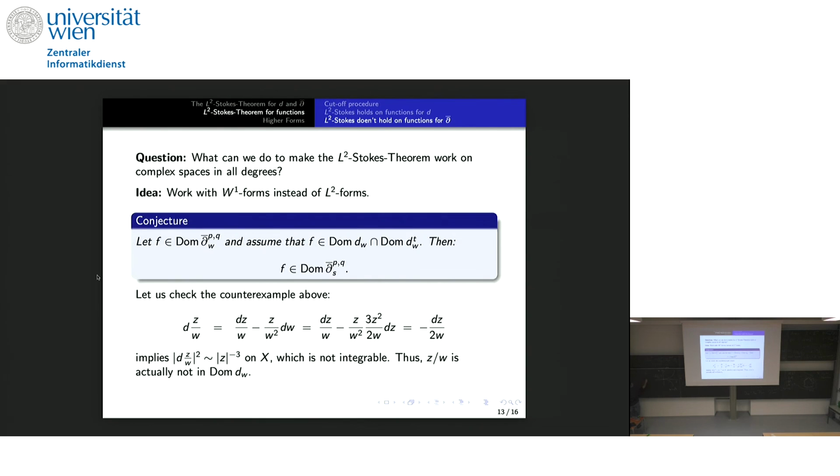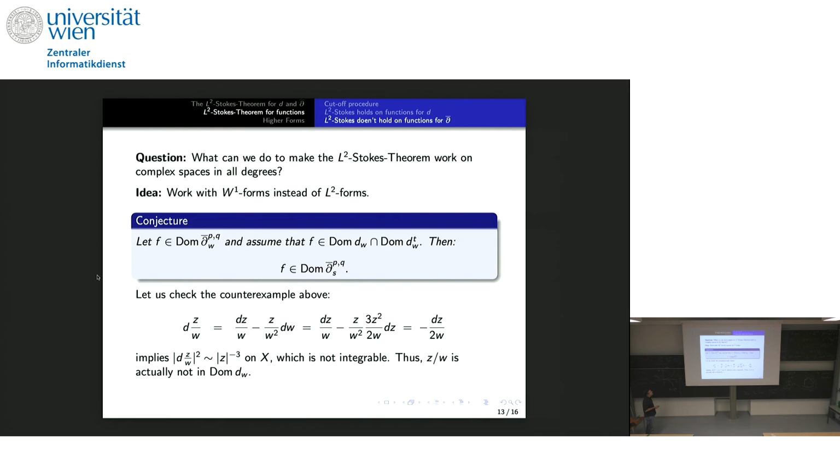What you plug in is 2w dw is 3c squared dc, and you get the exterior derivative of this, at least on the regular part. So you shouldn't take the derivative in the singularities, when you get something like a Dirac measure. But we consider our forms and functions just on the regular part. So this is d on the regular part of the variety. Then we end up with this here.